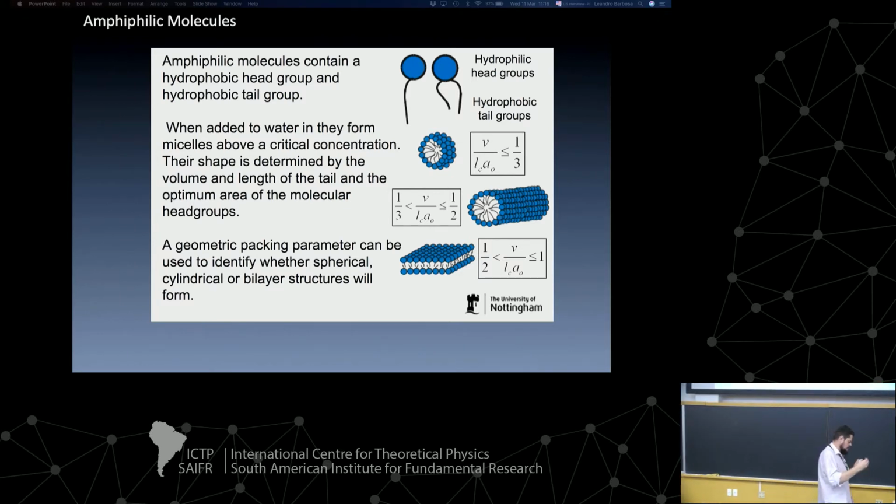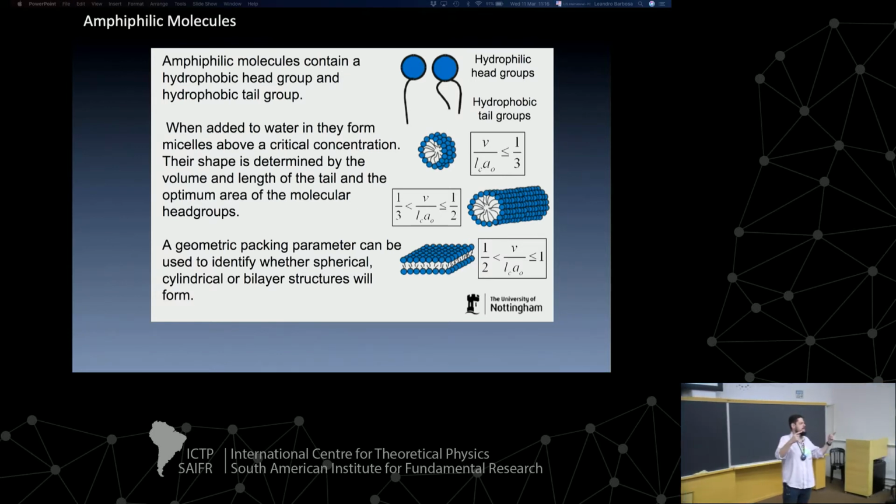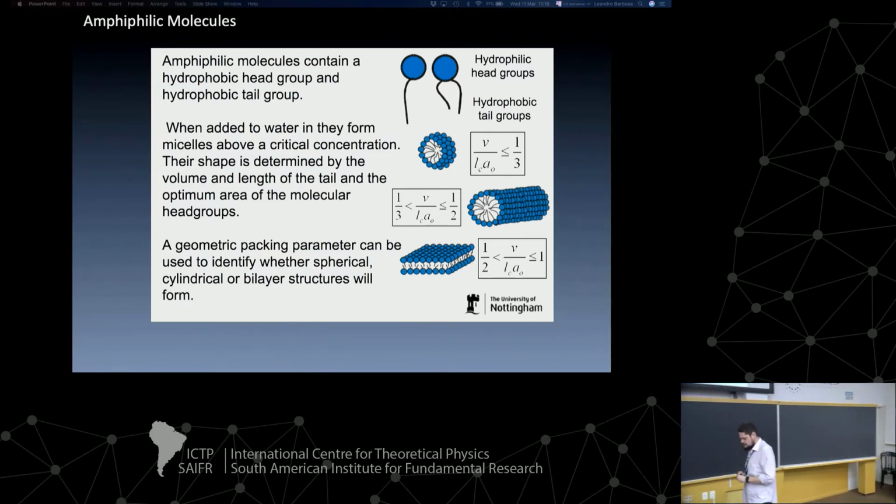So water somehow organizes all of those molecules spontaneously, in such a way that it increases the water contact with the polar regions and decreases as much as it can the water contact with the hydrophobic regions. This is called the micellization process, or the self-assembly process.